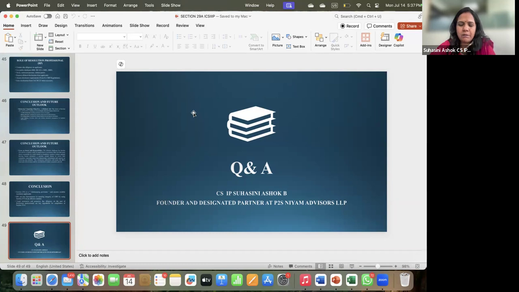So in our cases, usually when the person submits the expression of interest, we go and check on the MCA portal. Before issuing the first provisional list of prospective resolution applicants, we do a diligence on the MCA portal and see whether any related parties are related to the corporate debtor or whether any of them are disqualified.